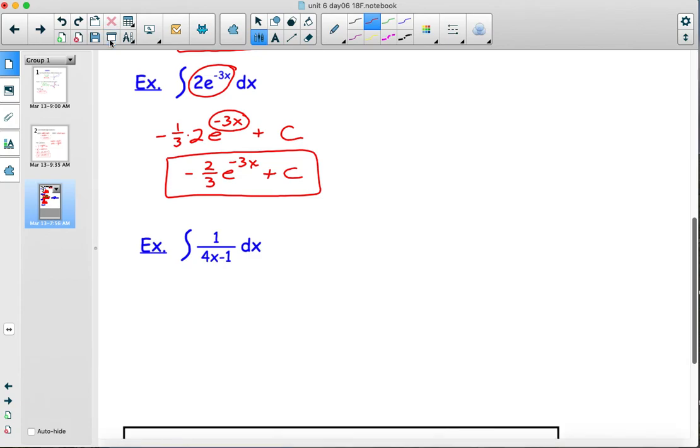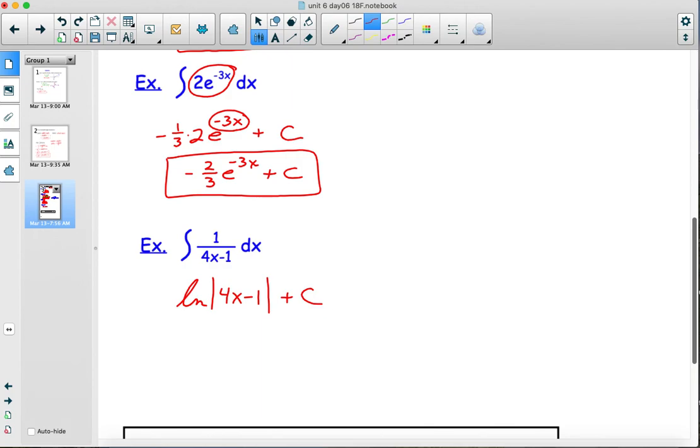Alright, let's try one last example. How about the integral of 1 over 4x minus 1? Now, remember back when we did the integral of 1 over x? So hopefully that's what you recognize for this one. And so it's going to be the natural log of the absolute value of 4x minus 1 plus a constant.